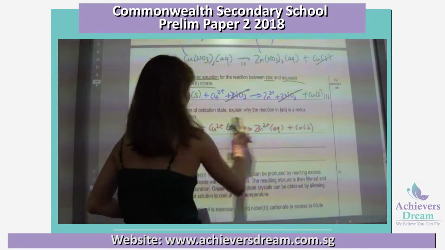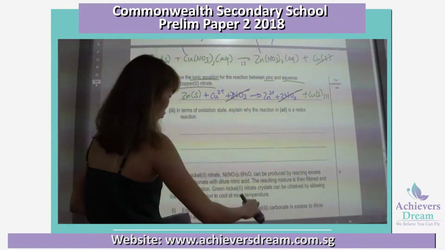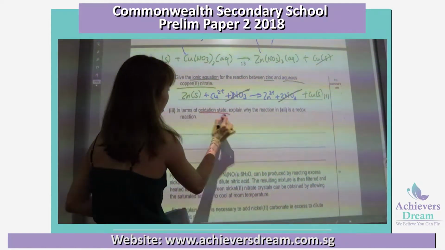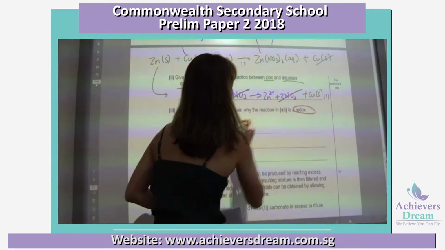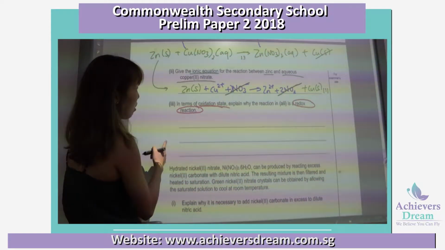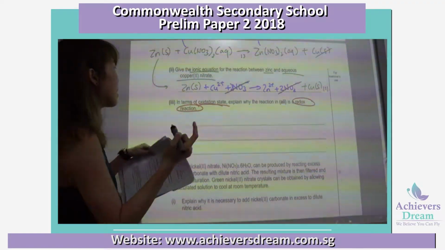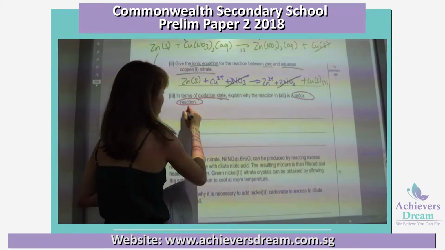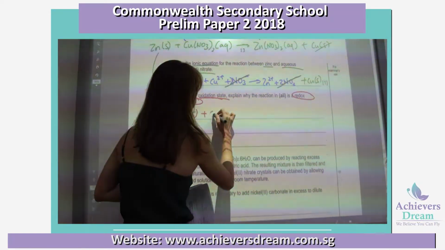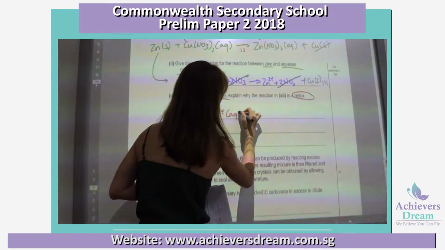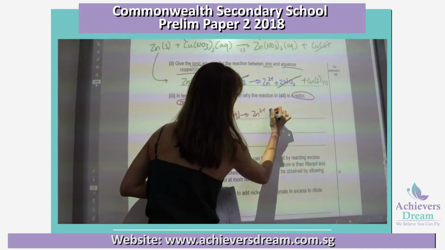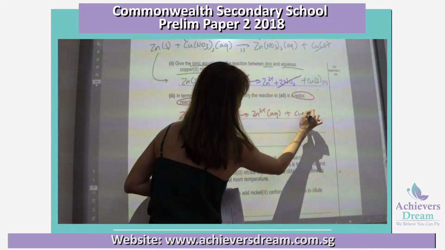Okay. Then now for part 3, in terms of oxidation state, explain why the reaction in A part 2 is a redox reaction. Okay, so now let's look at the ionic equation. Cu2+ from Zn2+ plus copper.